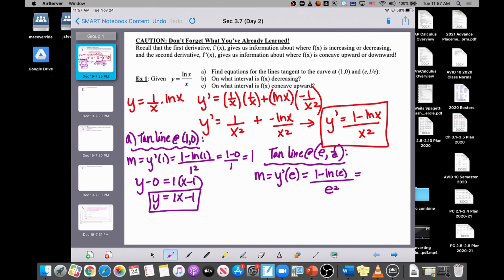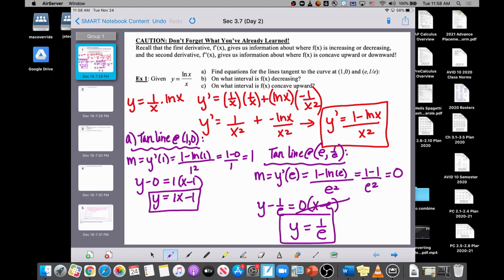And natural log of e is 1, so I end up with 1 minus 1 over e squared, but 1 minus 1 is 0, and 0 divided by anything is 0. So this tells me that my slope is 0. So that's going to make my tangent line equation pretty easy. Y minus 1 over e is going to be equal to 0 times x minus e. But again, 0 times anything is 0, so when I solve for y, I get y is equal to 1 over e. So there's the equation of the tangent line at the point (e, 1/e).